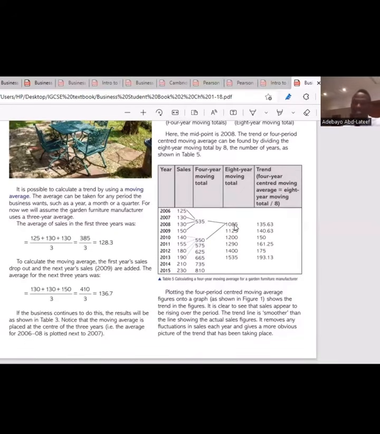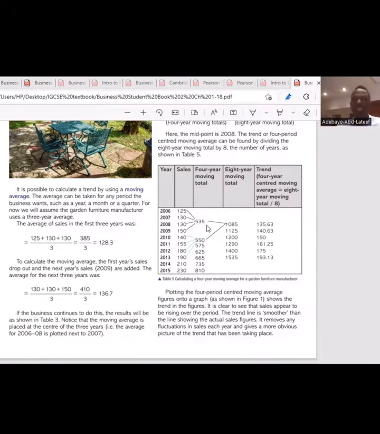Centering is calculated by getting a center number, which is 1085. That's our center number. And you divide it by the total number of years from 2006 to 2013, which is 8. So for the centering, it is a method of using 4 and 8-year moving totals to find a midpoint. So how do you get your midpoint?